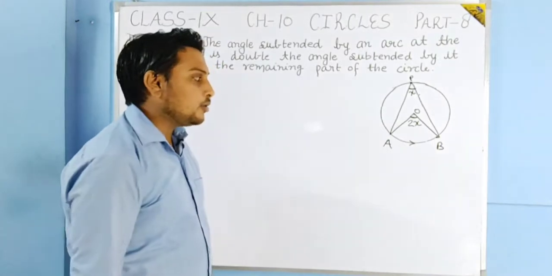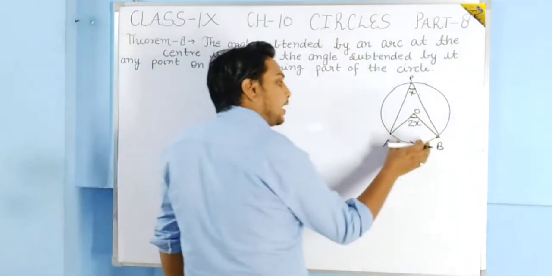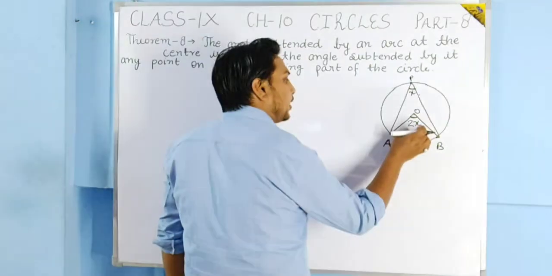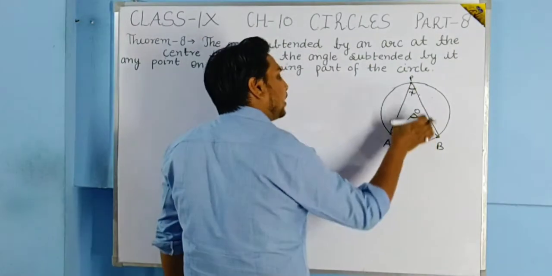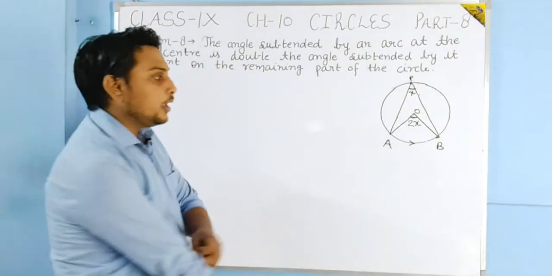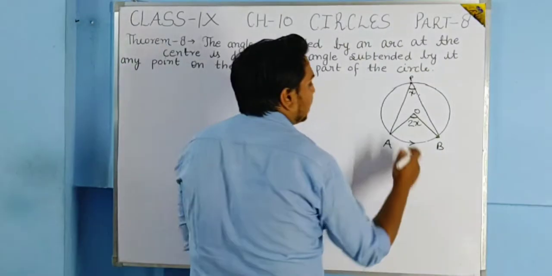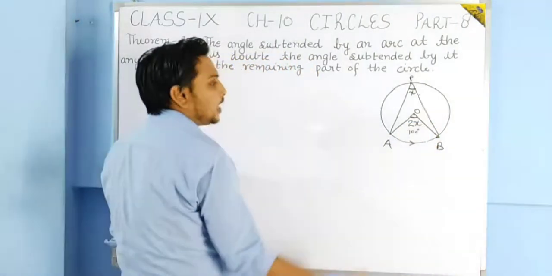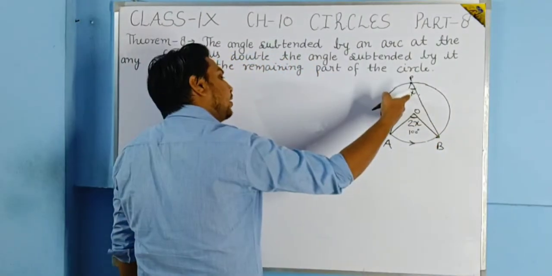Again you have to understand that the angle formed by any arc at the center is twice the angle formed by the same arc at the remaining part of the circle. Suppose in the question it is given that this angle is 100 degrees, then what will be the measure of this angle?